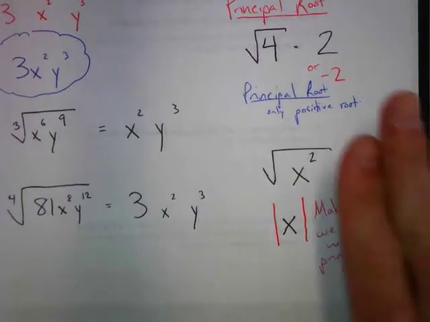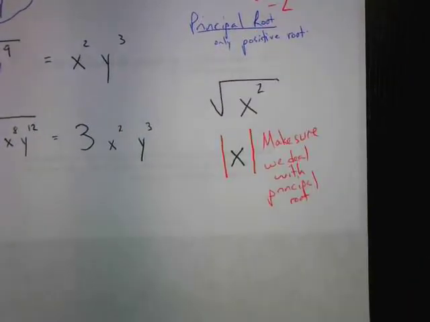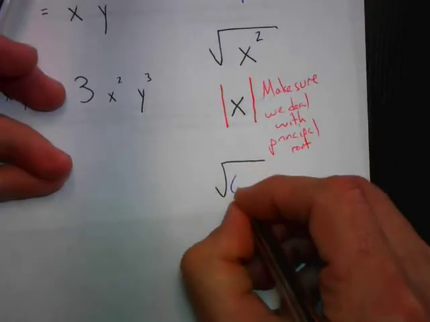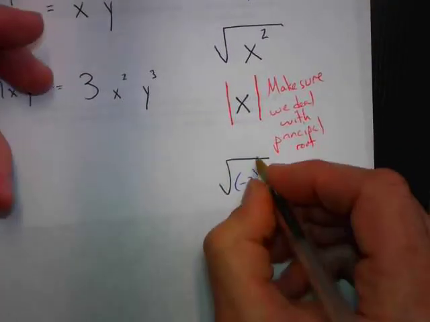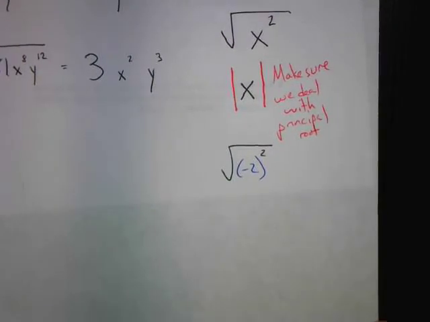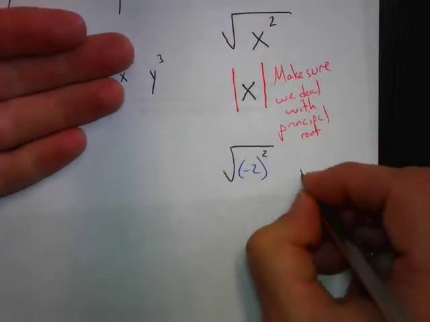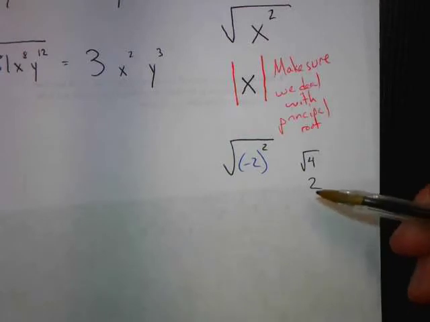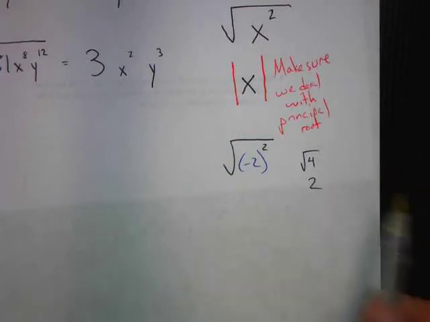And here's why. What if x was actually negative 2? So the square root of negative 2 squared, we know, is going to be the square root of positive 4, which is 2. We know that. However, take a look at this.